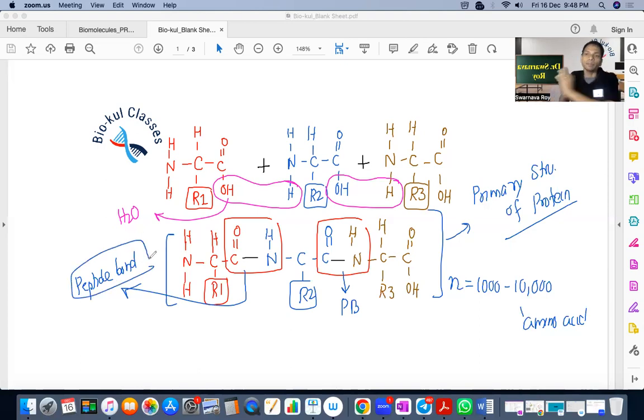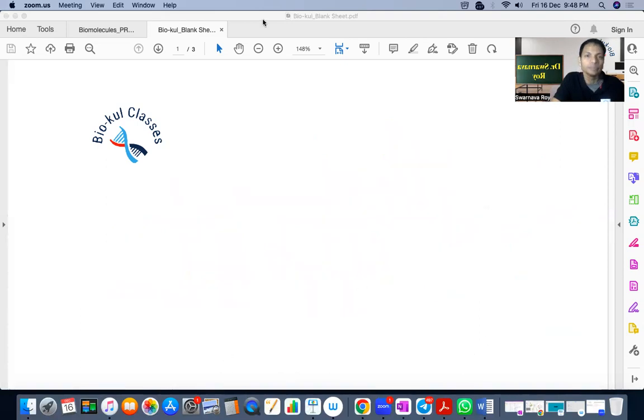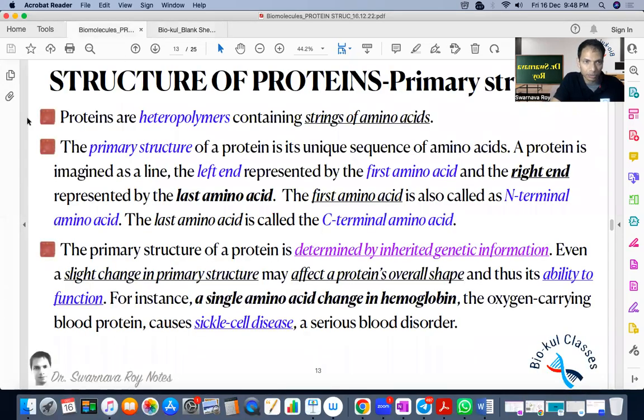They can be almost 1,000 or 10,000 amino acids, forming the primary structure of a protein. Let's see some diagrams of how the primary structure of the protein looks.